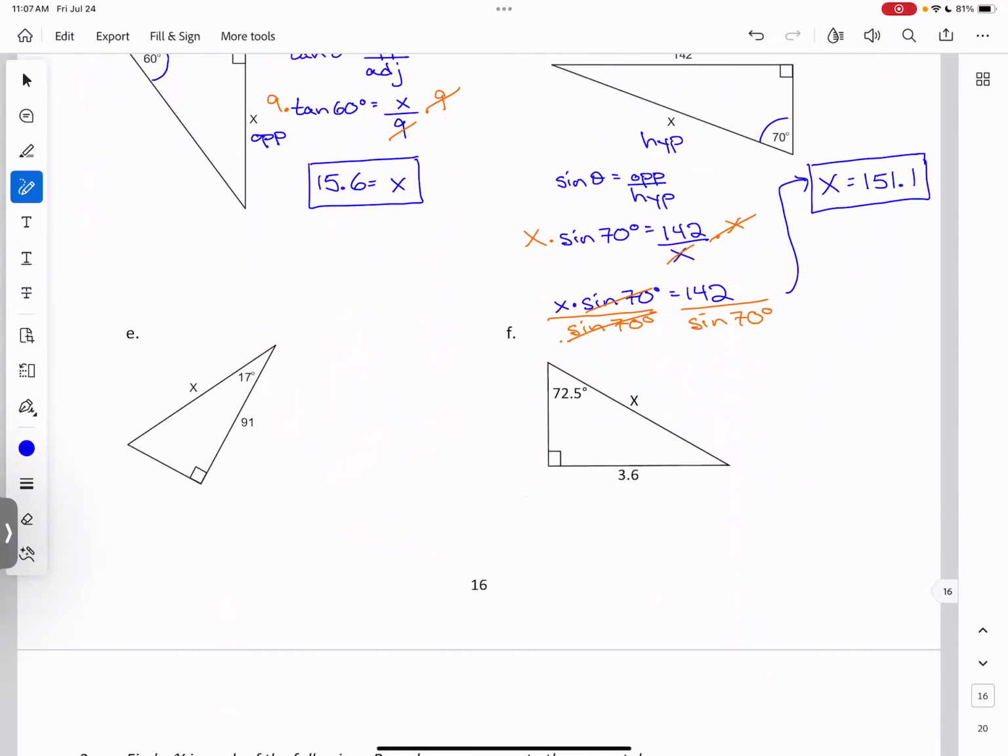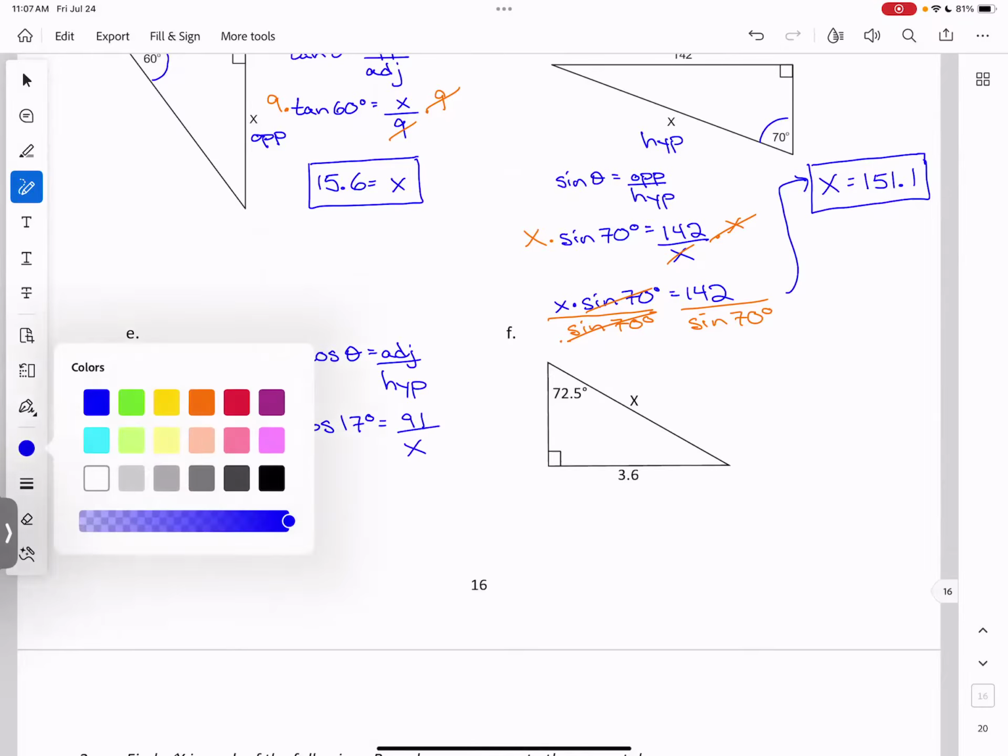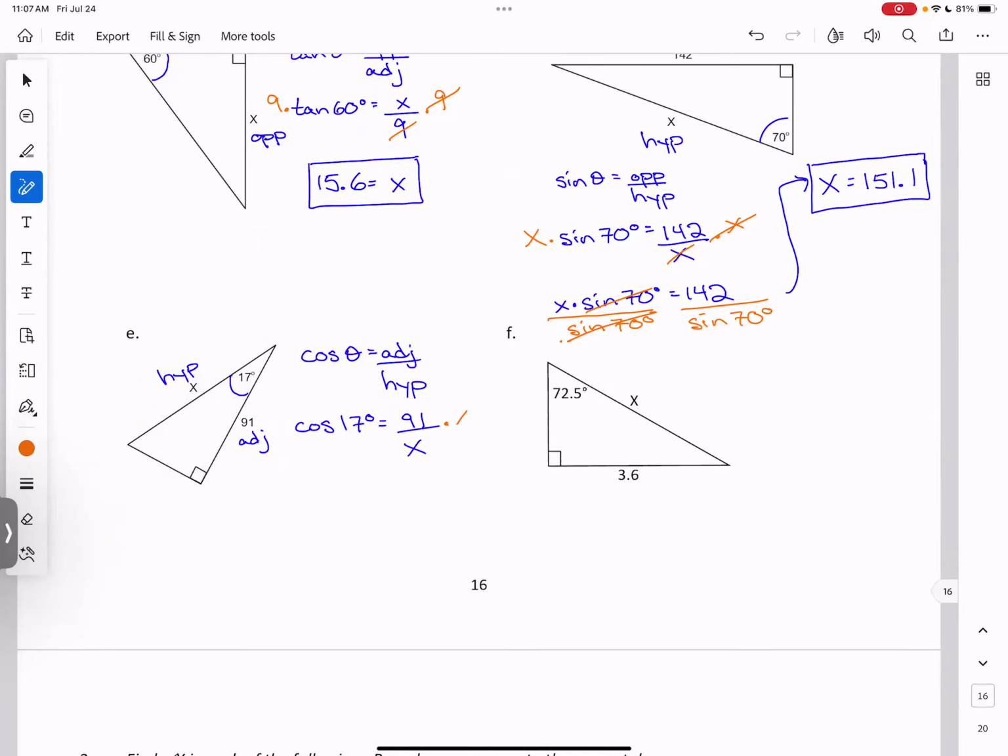Okay, next one. So relative to the 17 degrees, I've got my adjacent side over here, and then my hypotenuse is x. So I'm looking for a ratio involving adjacent and hypotenuse, and that's cosine. So cosine of any angle theta is adjacent over hypotenuse. So cosine of 17 degrees is 91 over x. Let's get x out of the denominator by multiplying both sides by it.